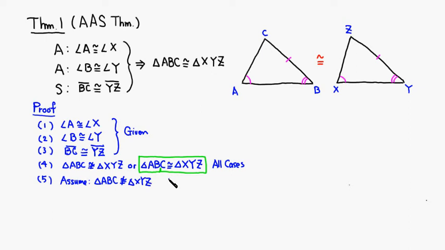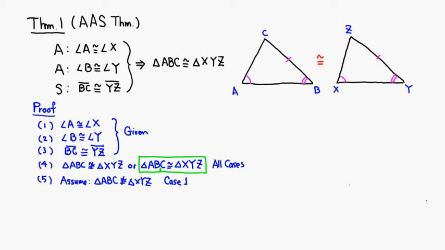This is simply case 1. Since we already have an angle and a side, if we also had congruence between angle C and angle Z, then we would have angle-side-angle, and they would be congruent. So we have to prevent that.